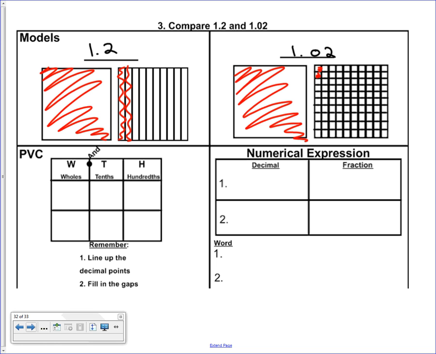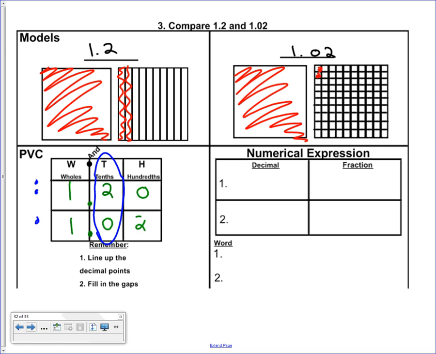So let's put in our place value charts. Both of these have 1 whole. Our first one has 2 tenths, 0 hundredths. Our second one has 0 tenths, 2 hundredths. And I forgot my decimal point. Don't forget decimal points, guys. So if I'm comparing them, looks like the tenths is where I'm going to do my comparing. And 2 tenths is greater than 0 tenths.